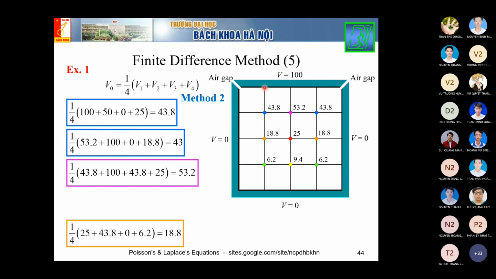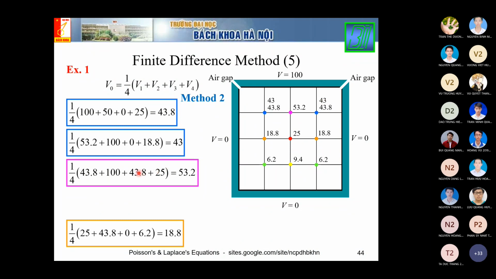I will take 100 plus 0 plus this one over 4, and you can see that the result here changes a little. Okay, so I change this one from 43.8 to 43, and similarly we got this.